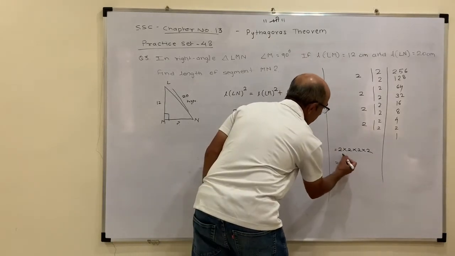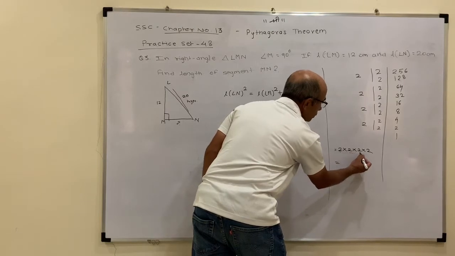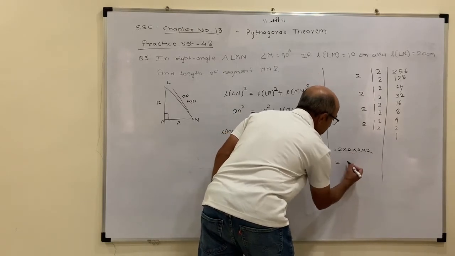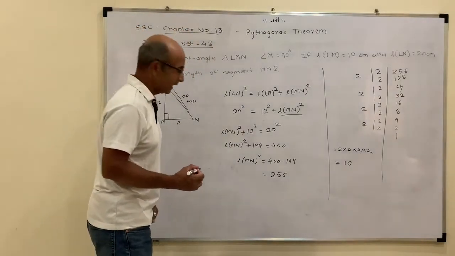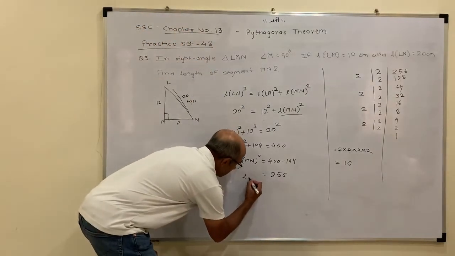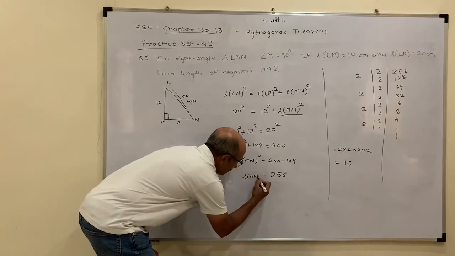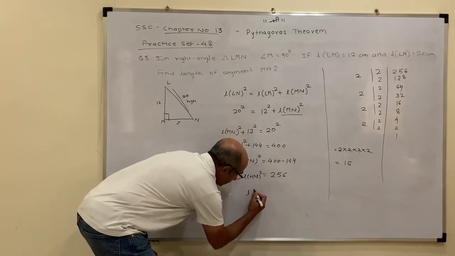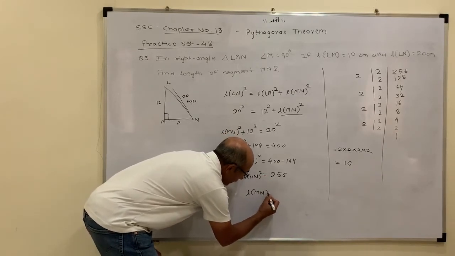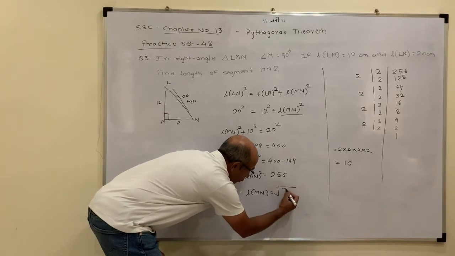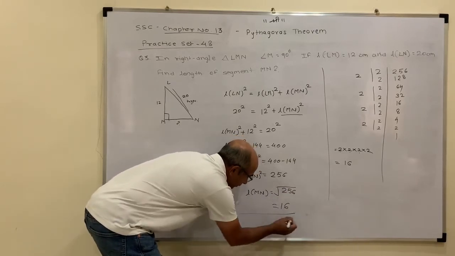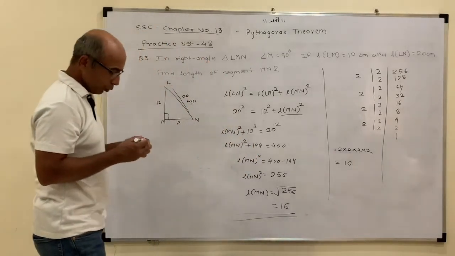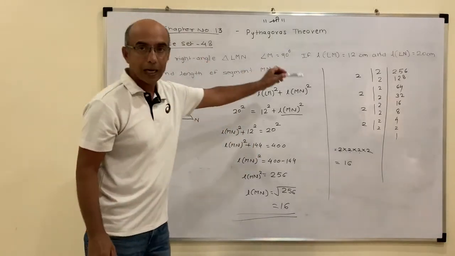So 2 2s are 4, 4 2s are 8, 8 2s are 16. So square root of 256 is 16. Here it was MN square, so length MN equals to square root of 256, that is equal to 16.